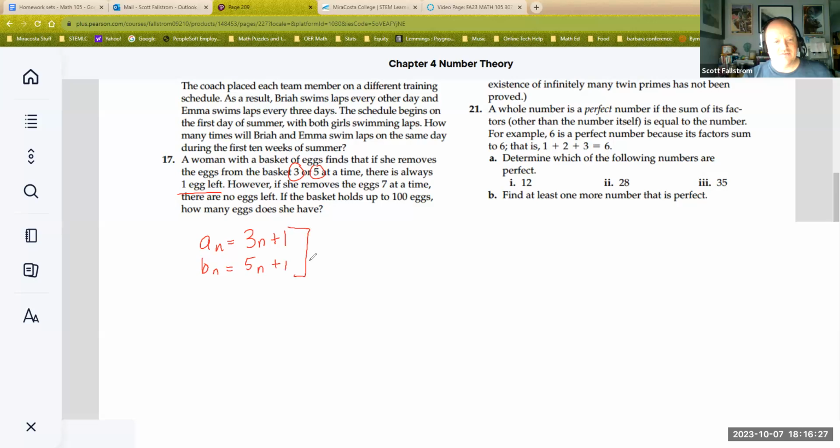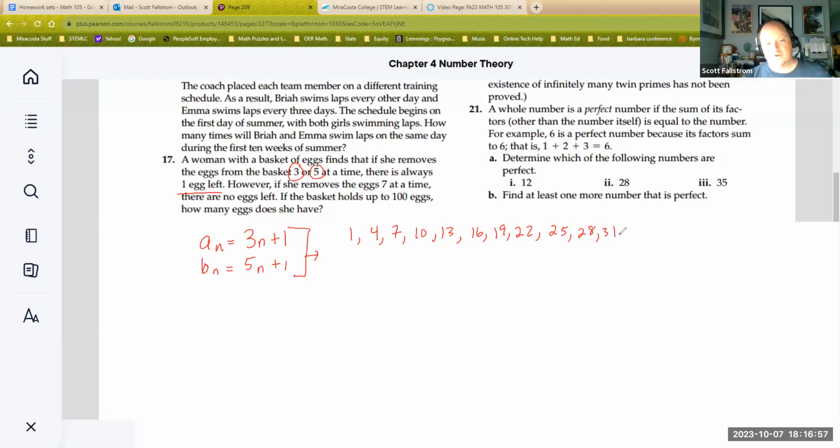So these have to work together. So 3n plus 1 could be 1, could be 4, could be 7, could be 10, right? Because again, if she pulls out 3 at a time, there's 1 left over. Okay, so 13, 16, 19, right? So far, so good. 22, right? 25, 28.